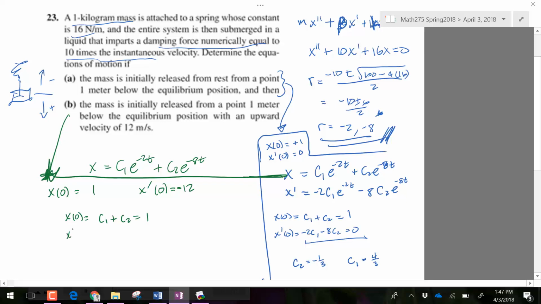And X prime of 0 is going to be minus 2C1 minus 8C2, which is equal to negative 12. So with an upward velocity, this might bring the spring back onto the other side, but it's still overdamped, so it'll still shrink down pretty quickly. Anybody interested in solving for this?